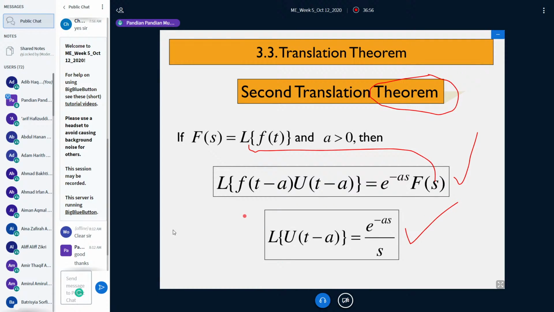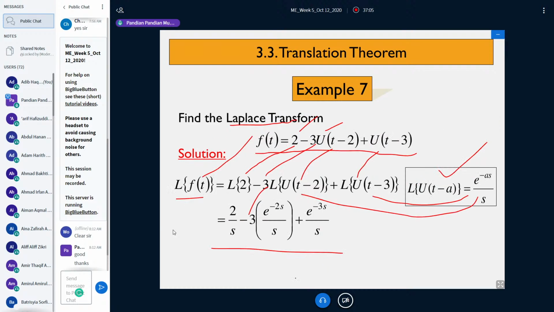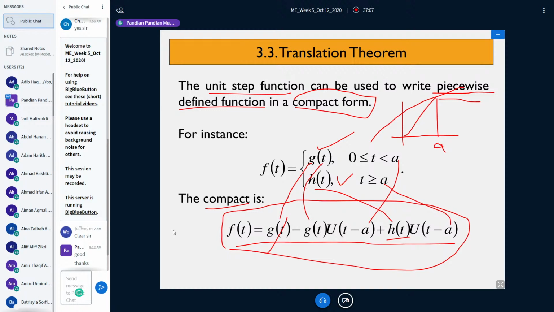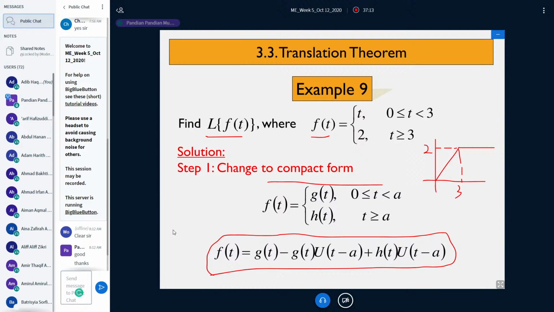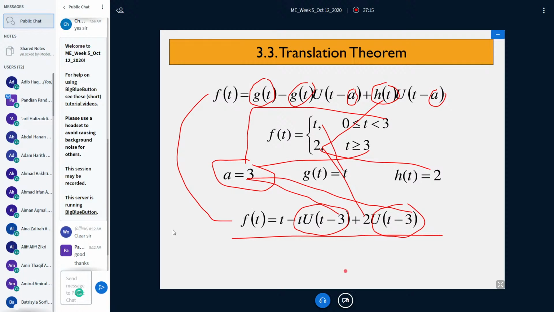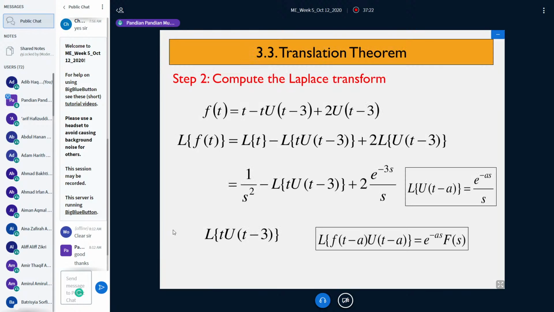This formula, right? Laplace of f(t minus a) u(t minus a) equals e power minus as F(s). So you must use that formula for this part. This one we do it in a different way, you see it's the next slide.